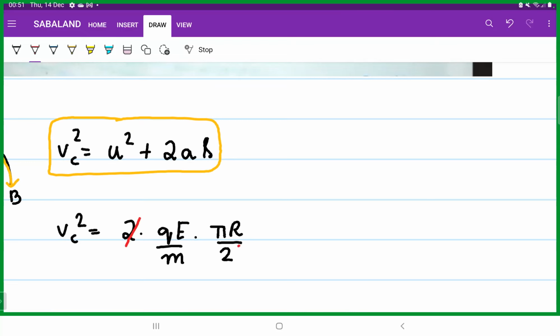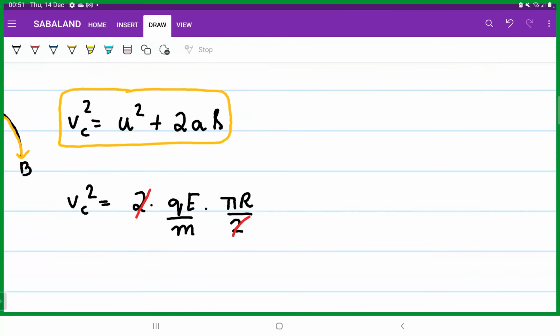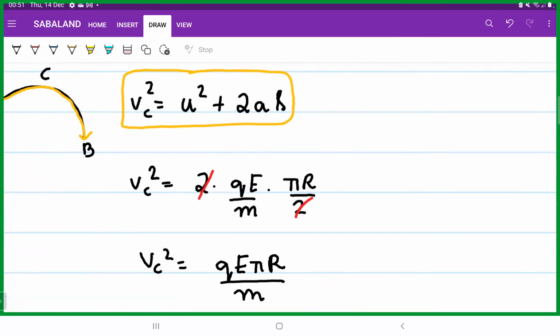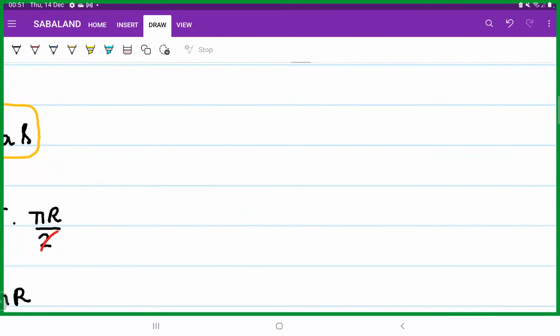So let's cancel out these terms, and Vc square is equal to qE pi r by m. Now let's find Vb square, the velocity of the particle at B.